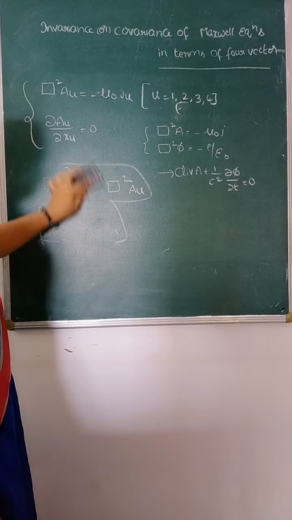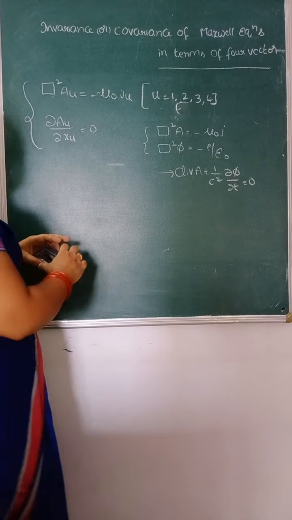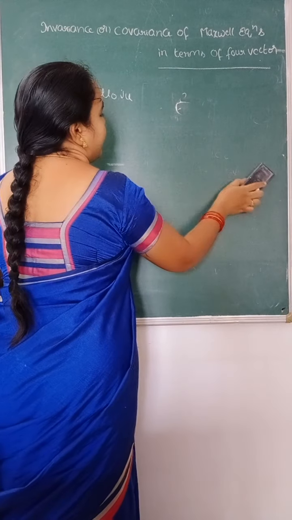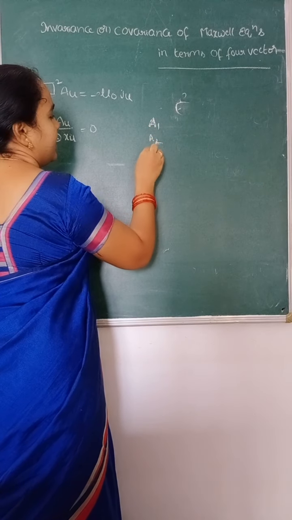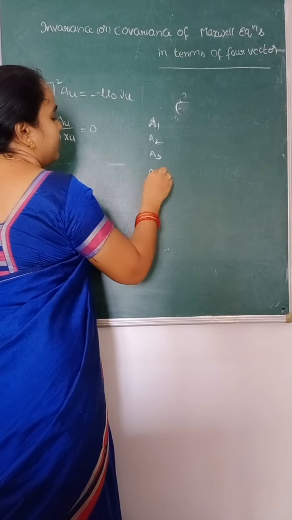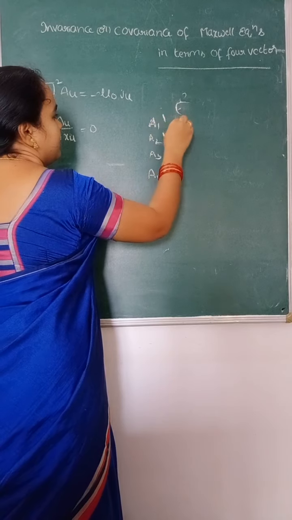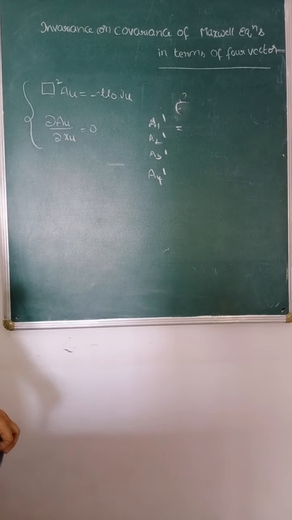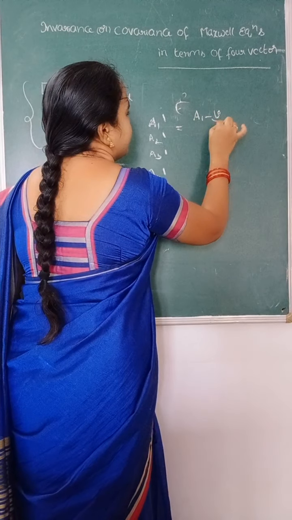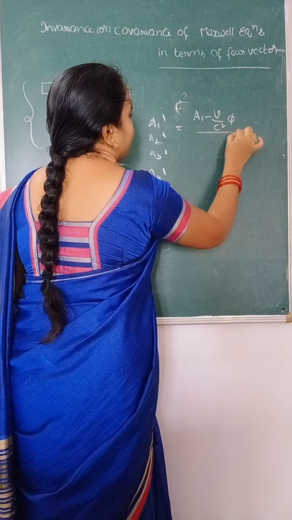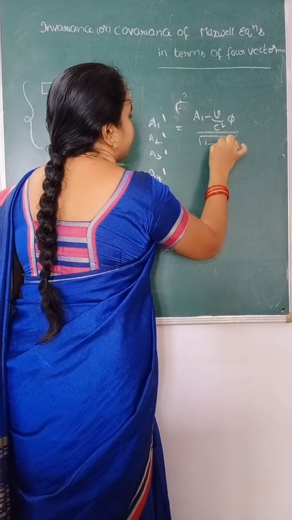Before that, first remember the values of A1 dash, A2 dash, A3 dash, A4 dash. In the previous class we derived A1 dash is A1 minus V by c square into phi by root of 1 minus beta square.